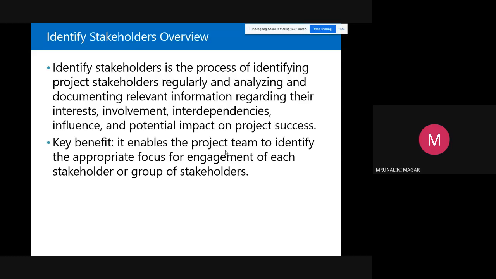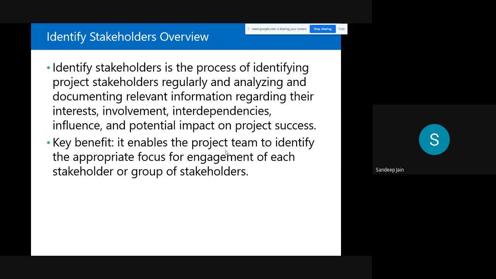Key benefit: it enables the project team to identify the appropriate focus for engagement of each stakeholder or group of stakeholders. So basically, not only identify, but we are also checking what is the involvement in the project. We'll take a little deep dive and understand their role, their interests, and their potential influence.